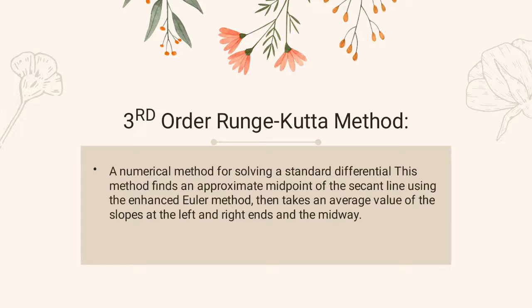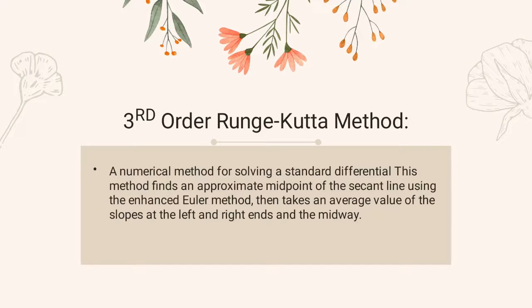So this method uses the improved Euler method to find an approximate midpoint, and then takes a weighted average of the slope of the left and right endpoints and midpoints.